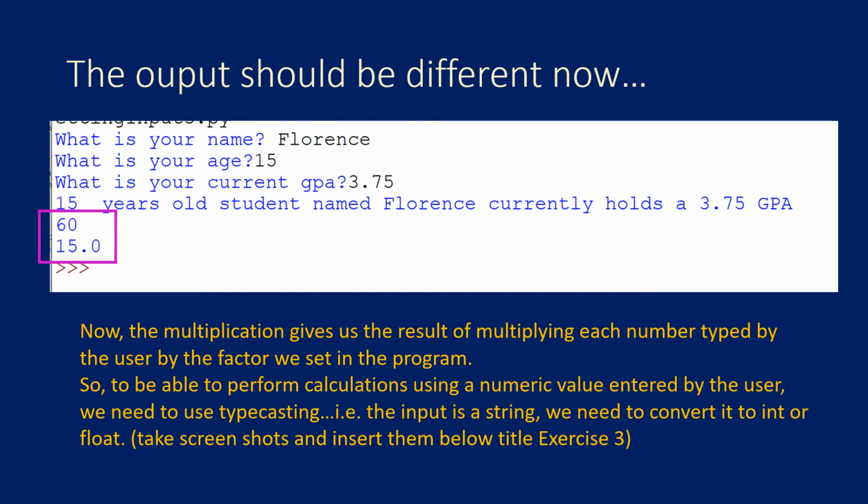To be able to perform calculations using a numeric value entered by the user, we need to use typecasting, which means the input is a string, we need to convert it to an int or a float. Now that you have done this work, take screenshots of both parts that you have done, the code and the output screen, and put them in your Word document under the title Exercise 3.